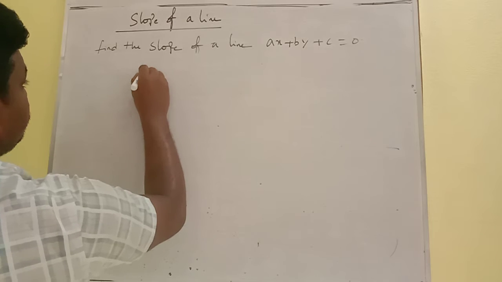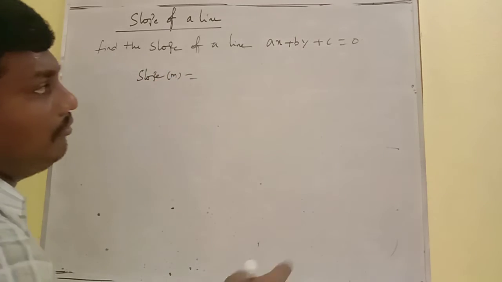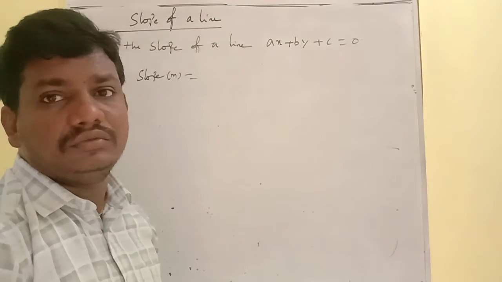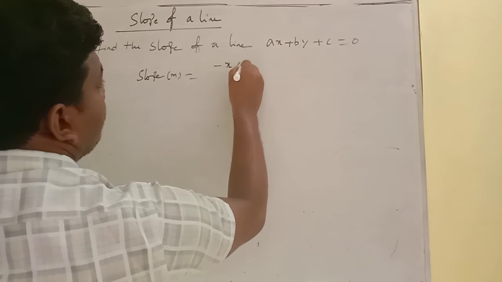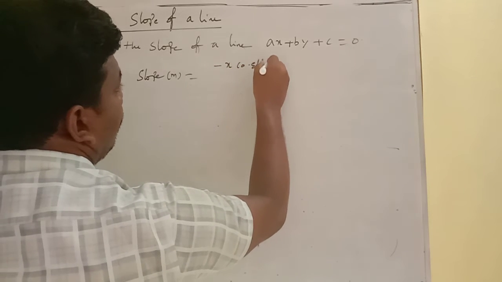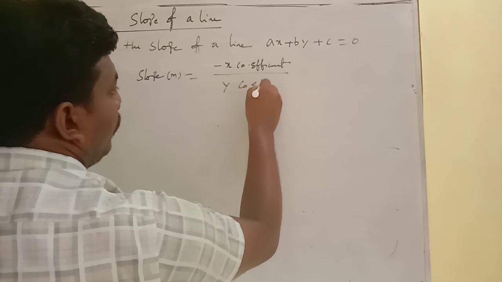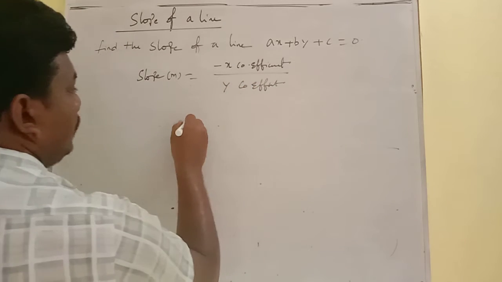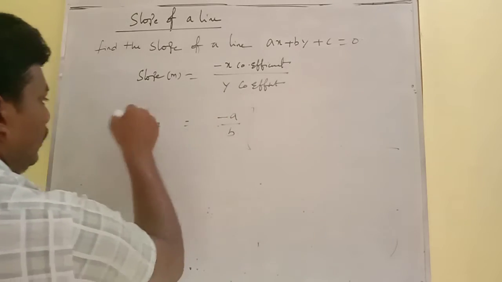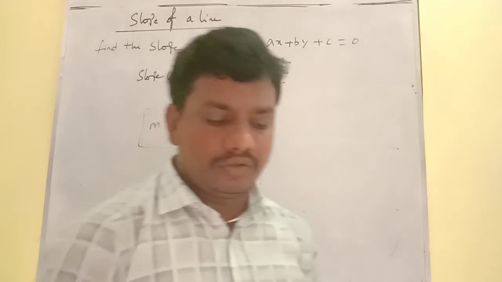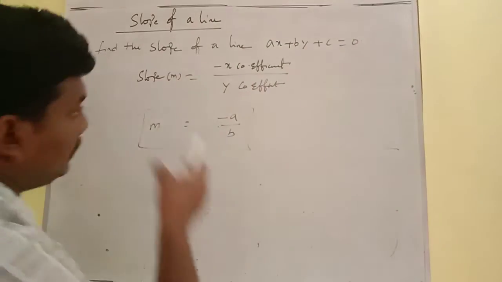The slope formula: m is equal to minus x coefficient by y coefficient, that is minus a by b. This is called the slope of a line in general form.